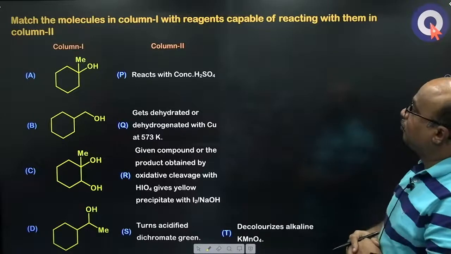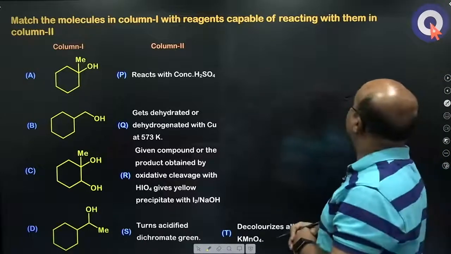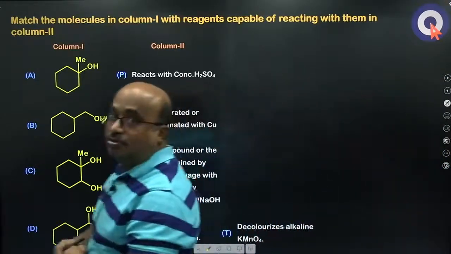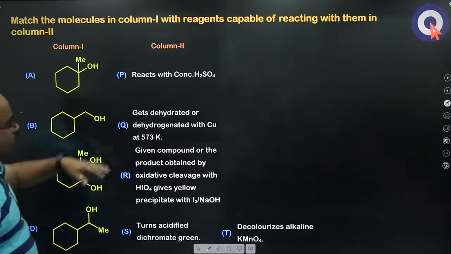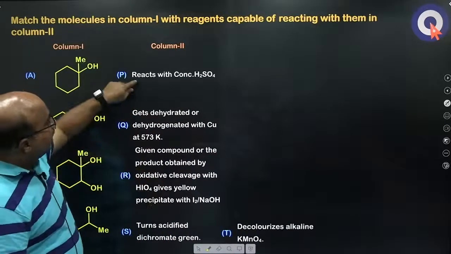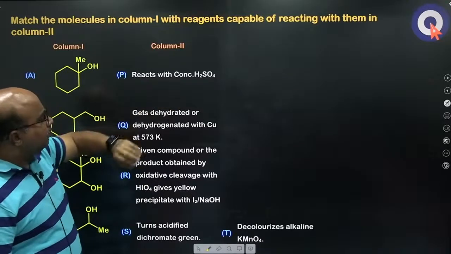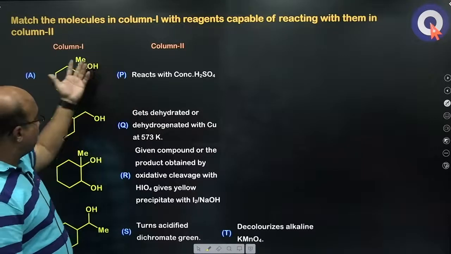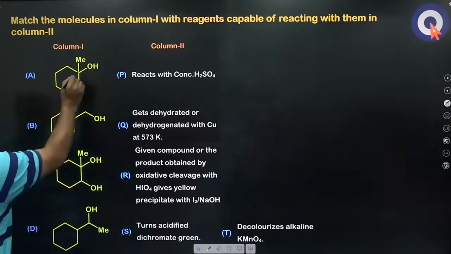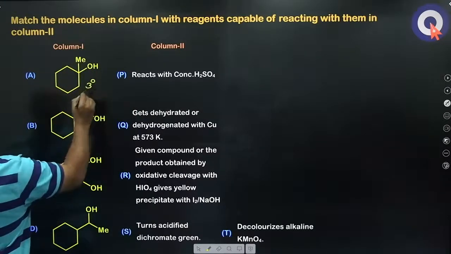Match the molecules of column 1 with the reagents in column 2. Let us simply see what will happen here. Reaction with concentrated H2SO4 means it will react with concentrated H2SO4, so this is just our alcohols now. What kind of alcohol is this?